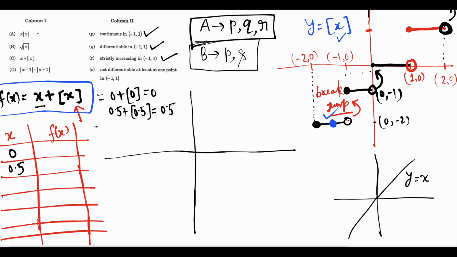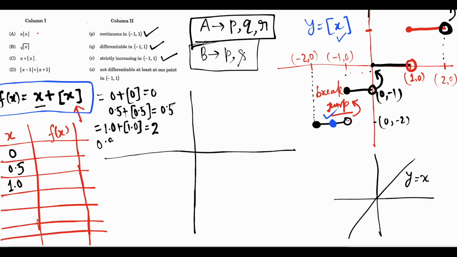And then we are going to need one more point, and for that we take x as 1.0. For that f of x equals 1.0 plus 1.0 as the floor function is operated, which is equal to 2.